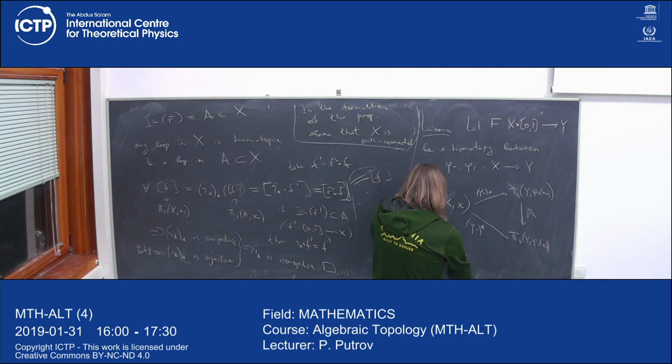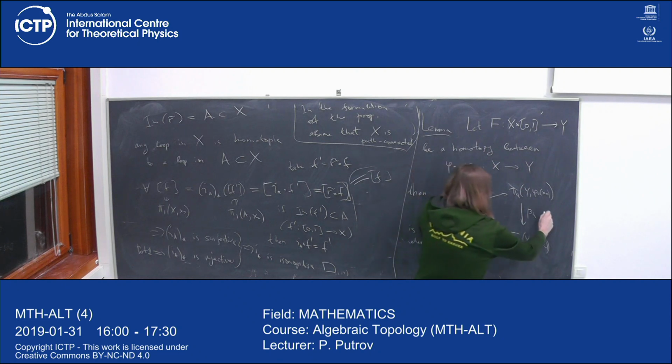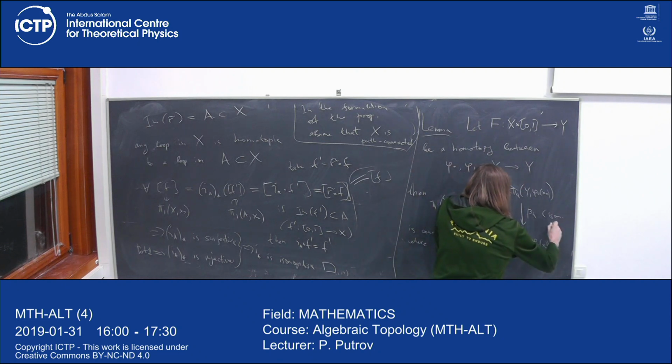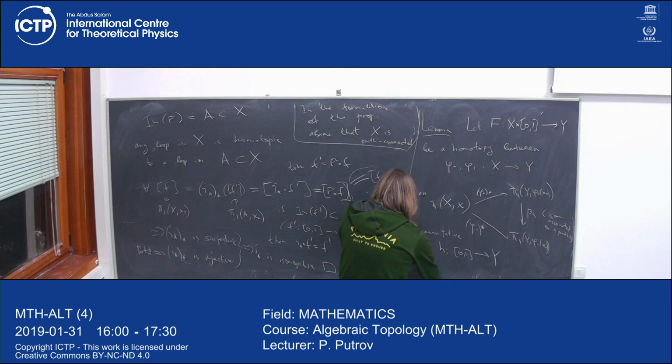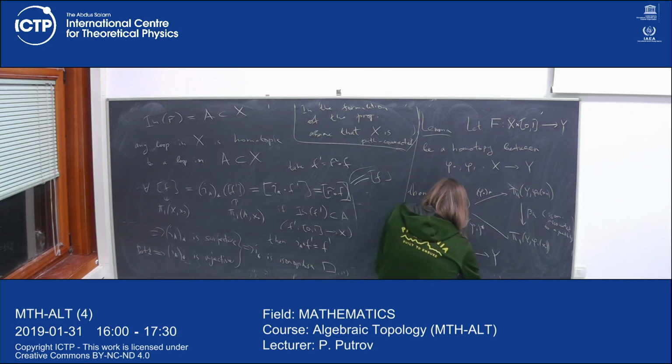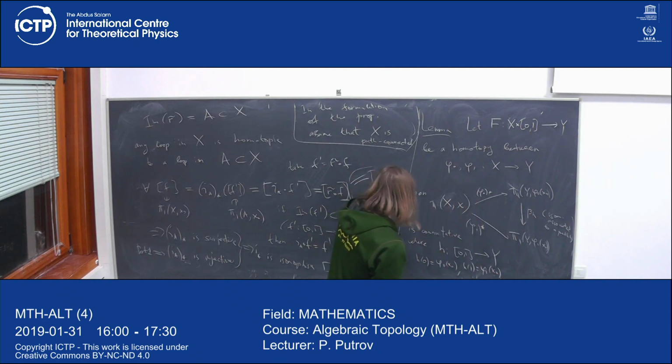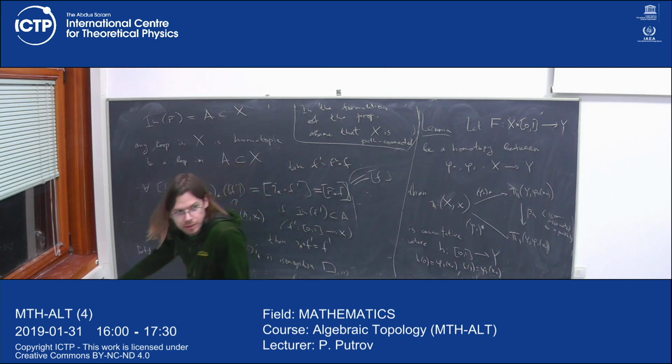So BH is the isomorphism associated to the class of a path H in Y, such that H starts at phi 0 of x0 and ends at phi 1 of x0.